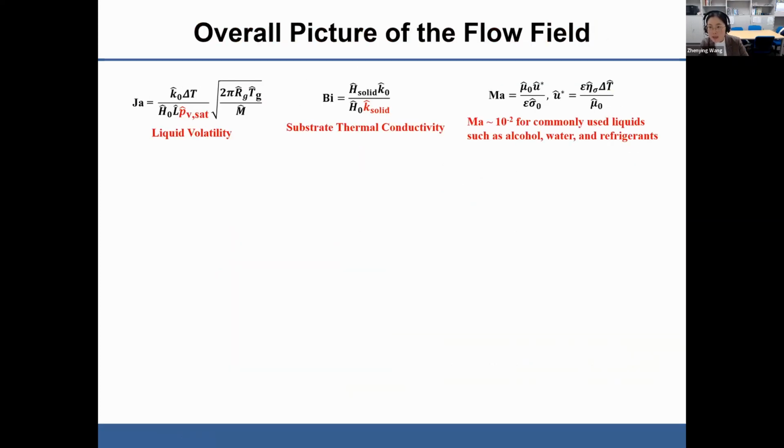As I mentioned before, based on our mathematical derivations and analysis, we concluded three dimensionless numbers that govern the flow field inside the droplet: the Jacobi number, decided by the liquid volatility, the Biot number, decided by the substrate conductivity, and also the Marangoni number, which measures the relative strength between the thermal Marangoni effect and the viscous effect.